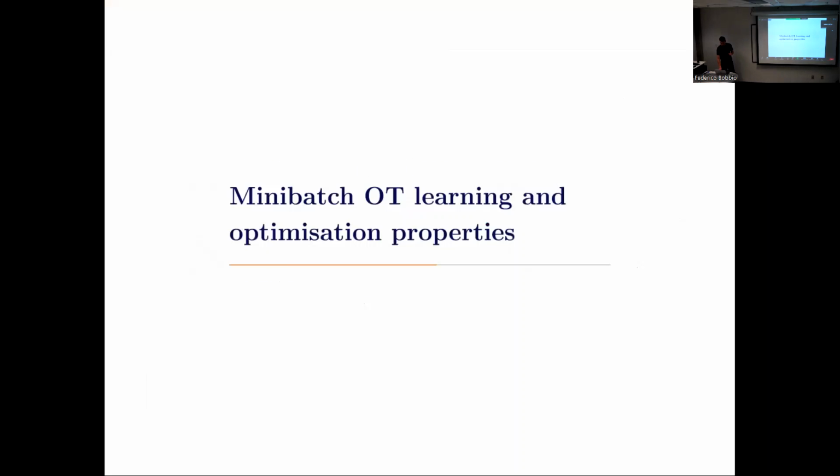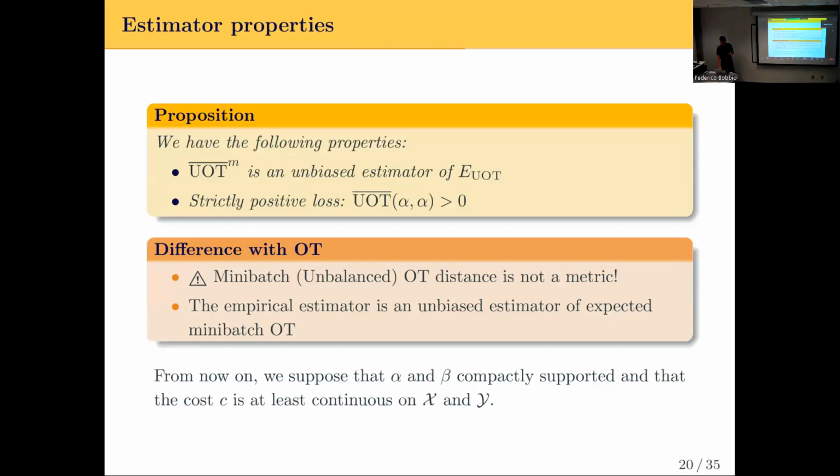So what about optimization learning properties? So the complete estimator and incomplete estimators, when I suppose that I have IID data samples, are unbiased estimators of the expectation of minibatch optimal transport.